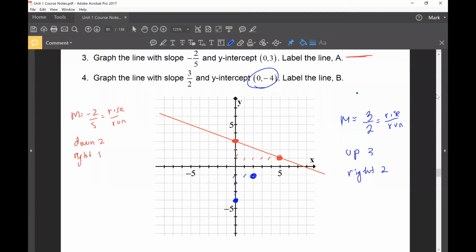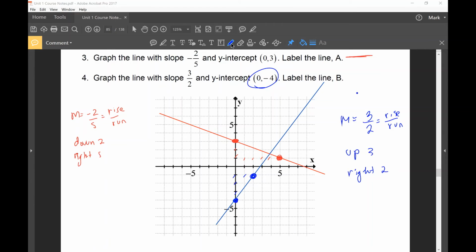There's my point there. And now I'll connect these points with a blue line. Now, how do I make this blue? All right, just give me one second. 1, 2, 3, okay. And there's this line.